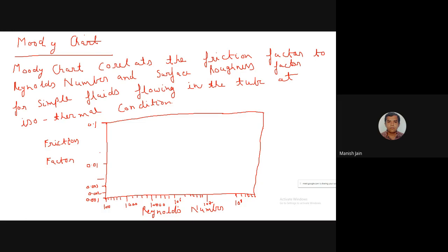Now, this is 1000, this is 10,000. Up to this point you have the laminar region. 2100 is the point up to which you have the laminar region. Suppose this is 2100. So this is the laminar region, and here you have the turbulent region. For Reynolds number more than 2100, you have the transition, then the turbulent region.